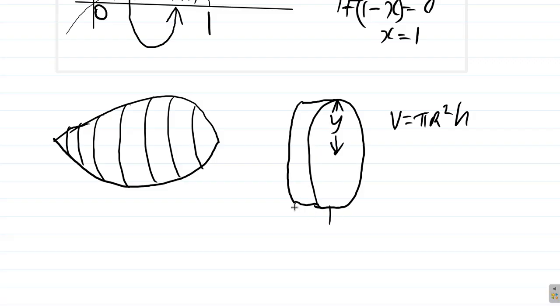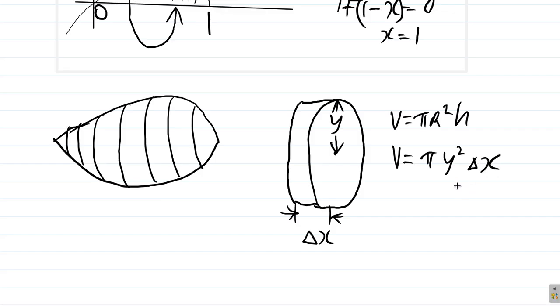And then the height, from here to here, would be that change in x, so call it delta x. So the volume of each slice that you cut would be pi y squared delta x.